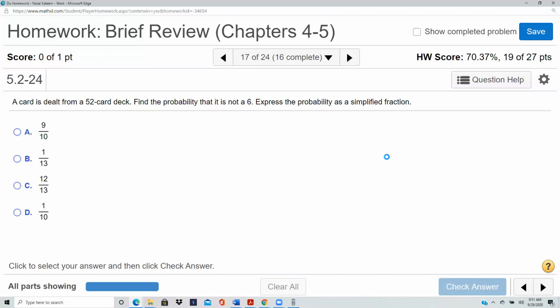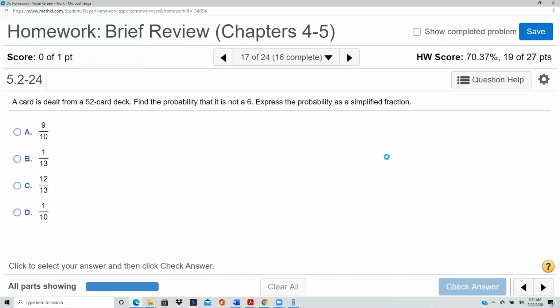So out of the 52 cards, if 4 are 6s, how many are not 6s? 48. How did you do that? Just 52 minus 4. Right. So 48 are not 6s. So 48 divided by what do we always divide by in a deck of cards? 52. Yeah. So 48 divided by 52 are not 6s.